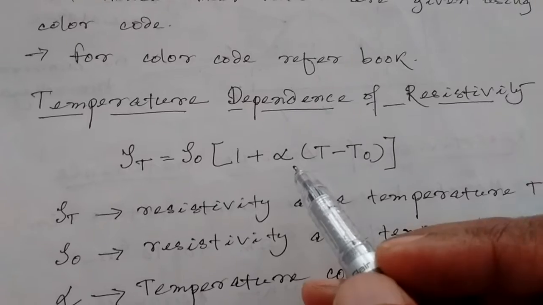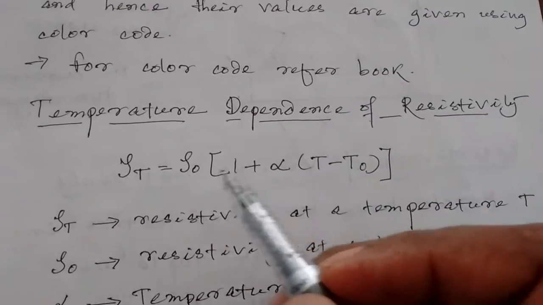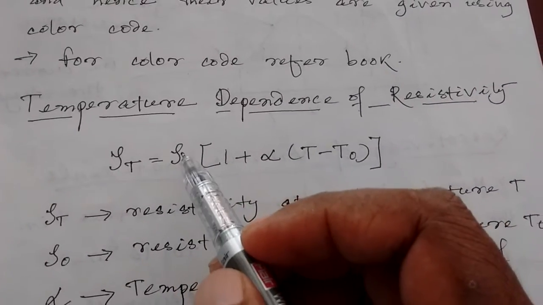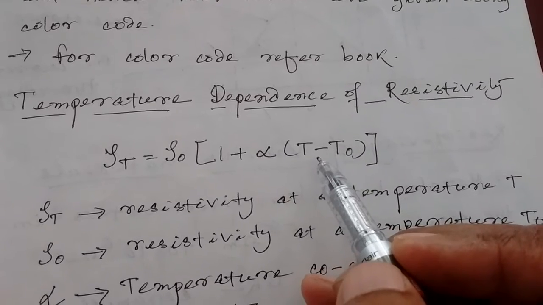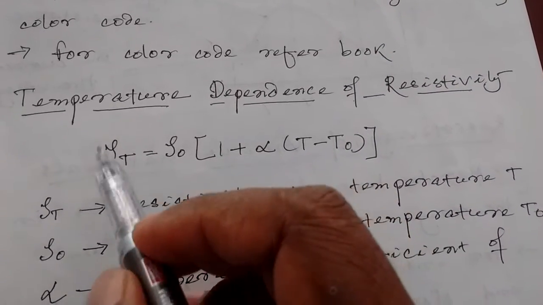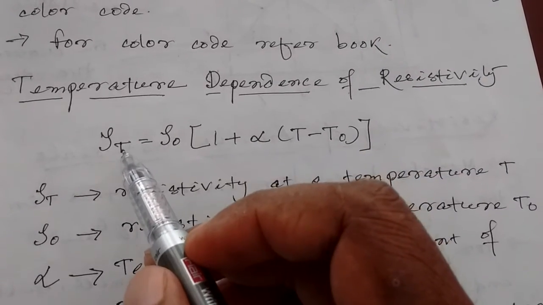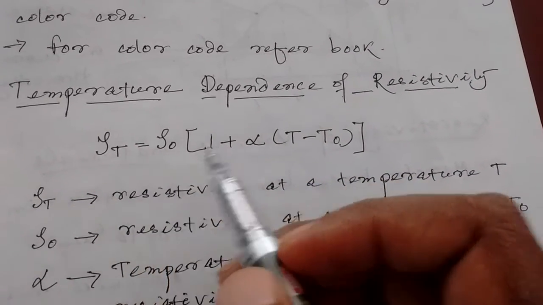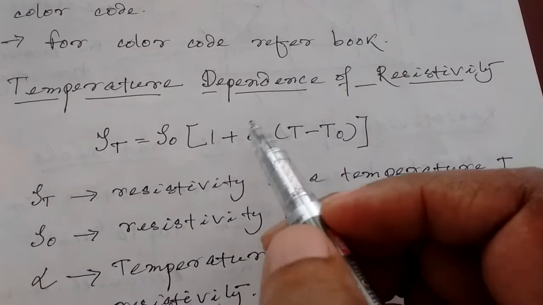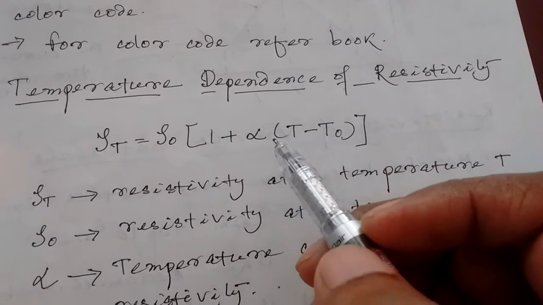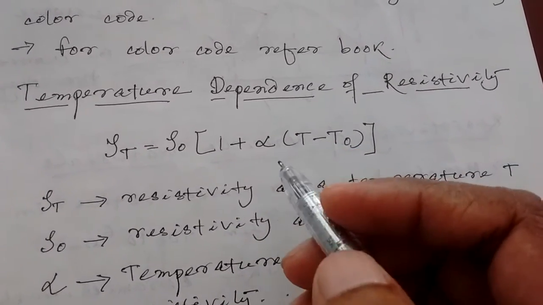First consider positive value. If alpha is positive, then rho T will be greater than rho naught. That means if temperature increases, this also increases. That means if temperature increases, resistance also increases. In case of metals, alpha is positive for metals. Then why this happens?